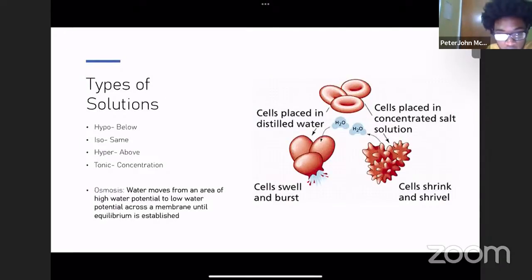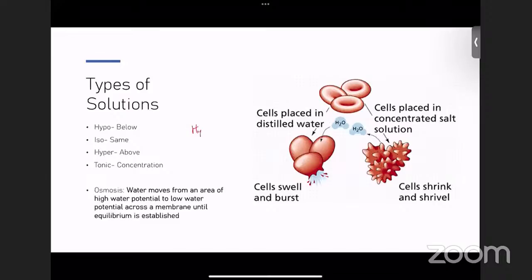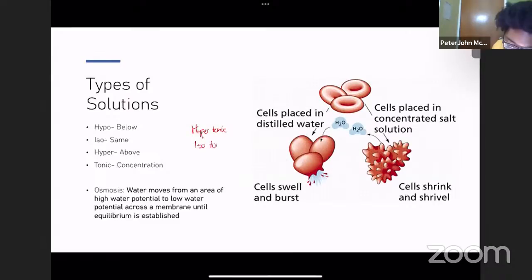All right, so let's deal with the types of solutions now. As before, every time I start dealing with any compound word, I'm gonna try to break it down. So you have 3 different types of solutions. What are they, guys? Hypertonic, isotonic, and hypotonic. What's the hypertonic solution?